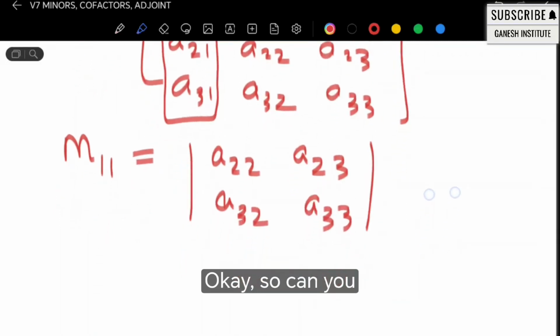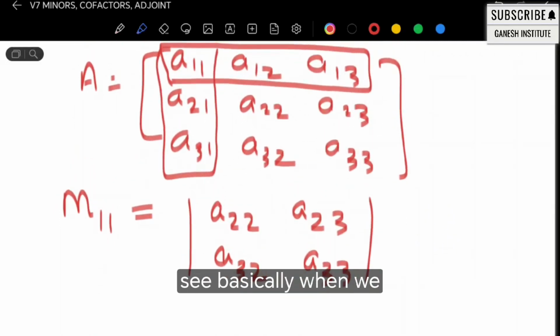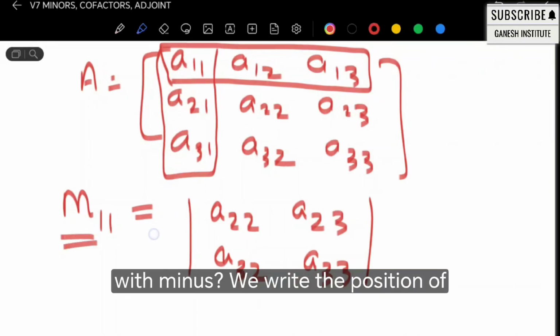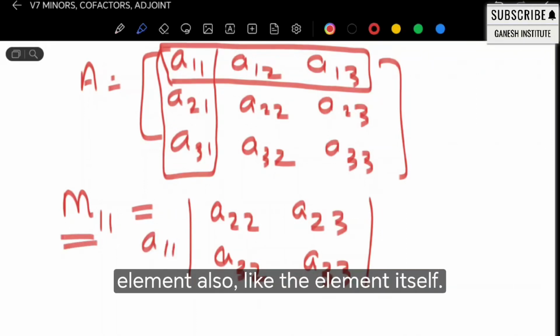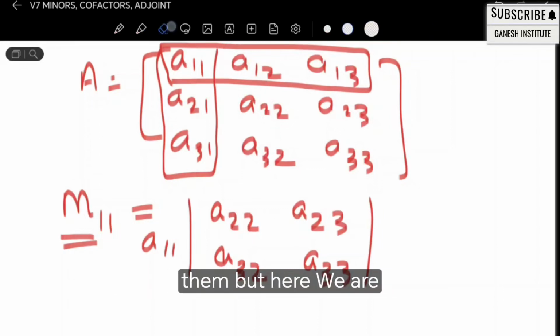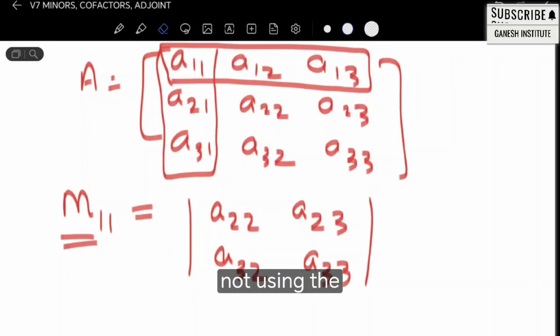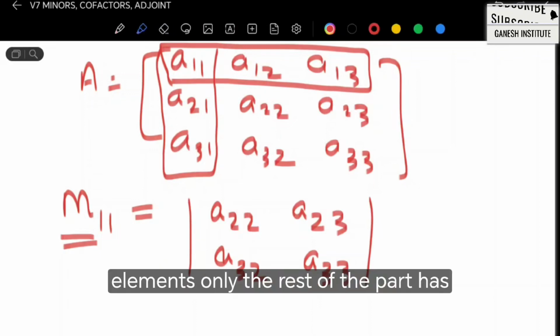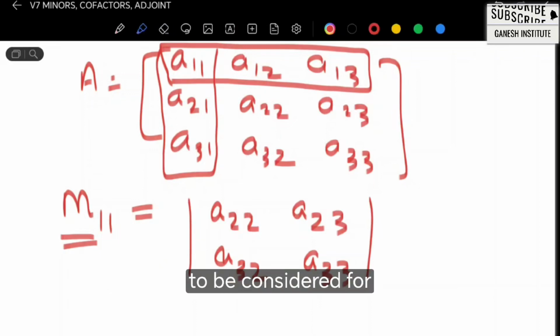Okay. So can you see? Basically, when we find the determinant, along with minors, we write the position of element also, the element itself also. We multiply both of them. But here, we are not using the element, only the rest of the part has to be considered.